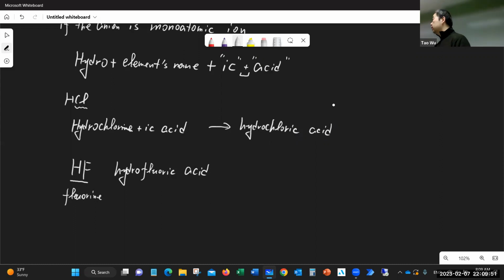By the way, just to mention a little bit: HF is a weak acid. Weak acid and strong acid mean the acidity is different. HF has a pretty weak acidity, but it doesn't mean it's not dangerous. HF is very dangerous and very corrosive. I handled HF while I was a PhD student.